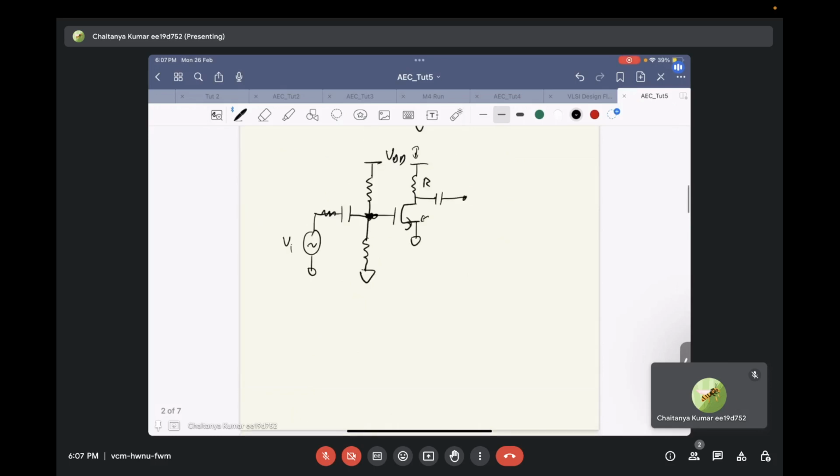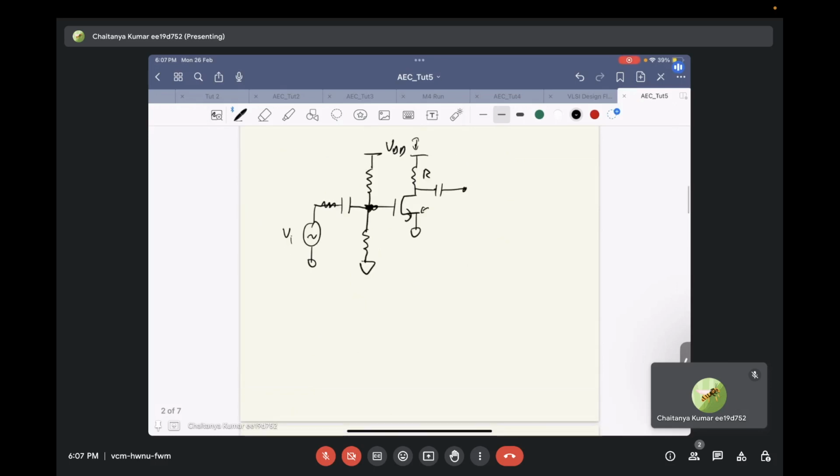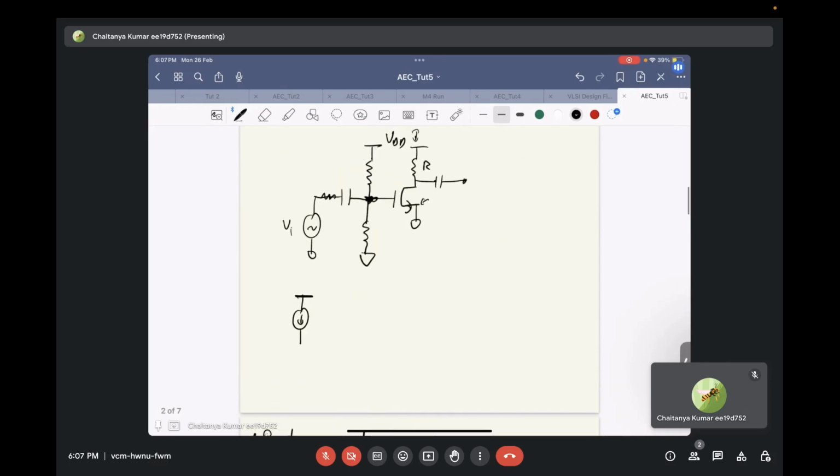So how does a current mirror work? The basic current mirror is the one where we have some constant current source. This is an ideal current source, let's say, and by ideal we mean it is generated through some technique such that its value doesn't move around with temperature and process variation.